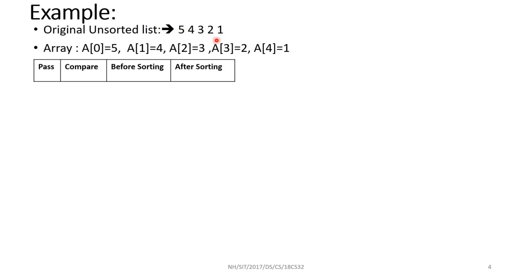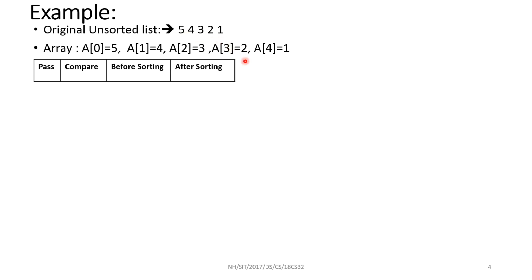Here there are 5 elements. We have to do this operation 4 times. In the first pass, that is our number of comparisons. As you can see, right now all the elements are unsorted. First you have to compare 5 and 4, next the second and third element, next the third and fourth element, next the fourth and fifth element.